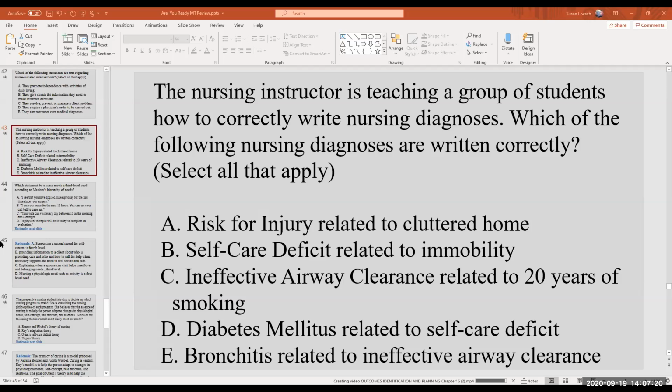A, B, and C. So remember, you can't have a medical diagnosis in a nursing diagnosis.